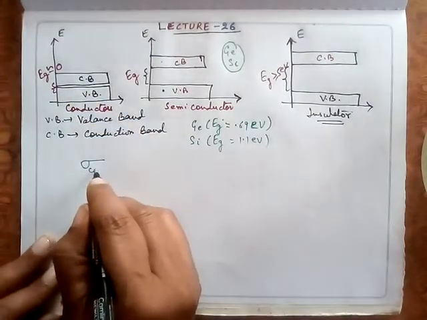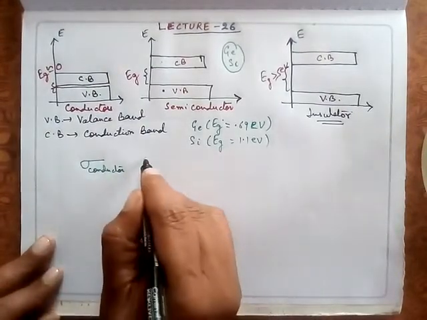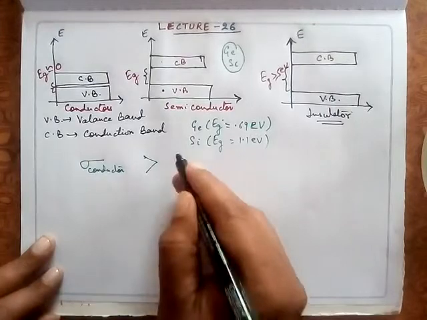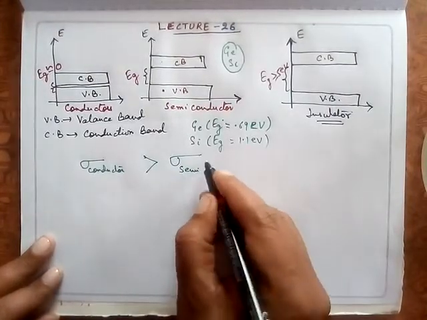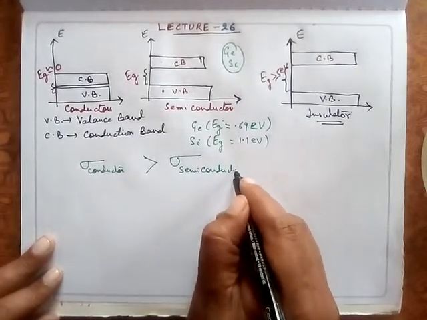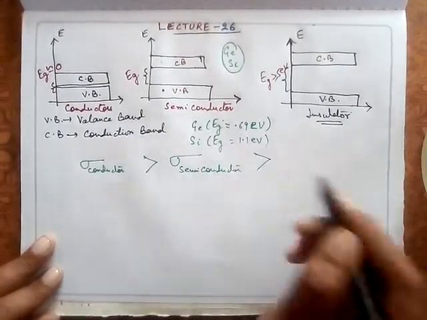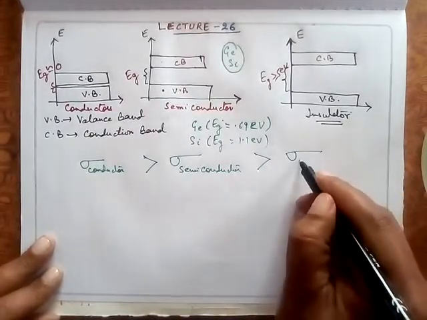Conductivity of a conductor is maximum, greater than the conductivity of a semiconductor, and an insulator will have 0, or minimum, conductivity.